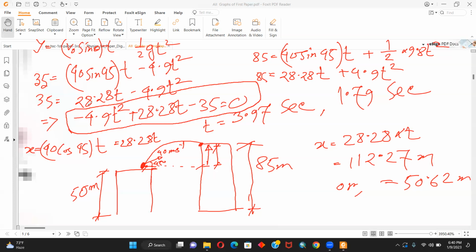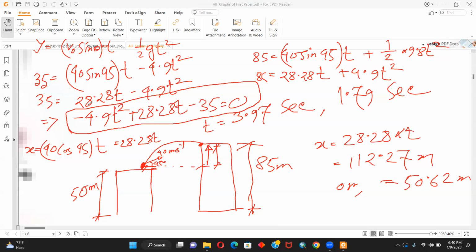In most cases, you will get a negative value for t and another one that stays positive. That should have been the case. I don't know if we have done something wrong or not. Generally, most of the time it is the case.